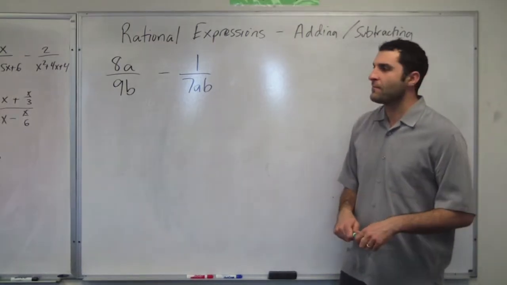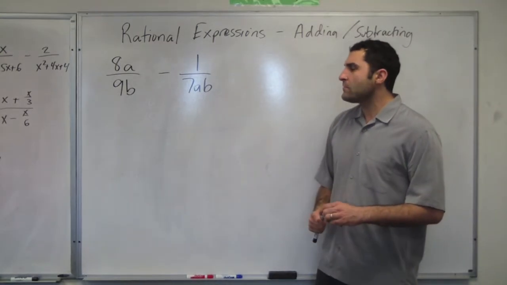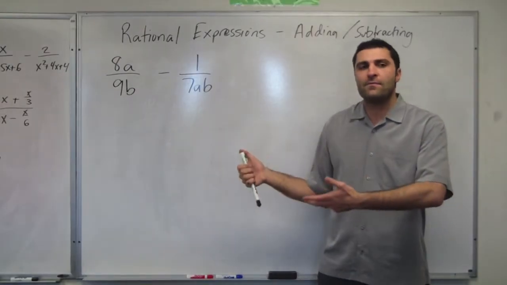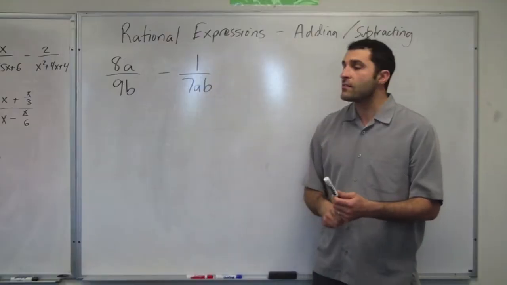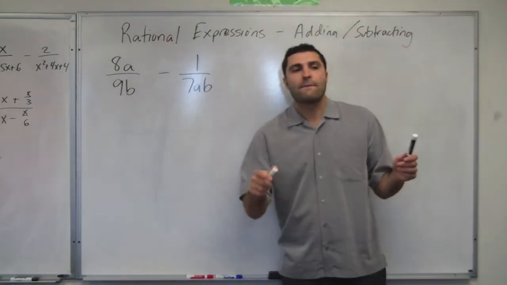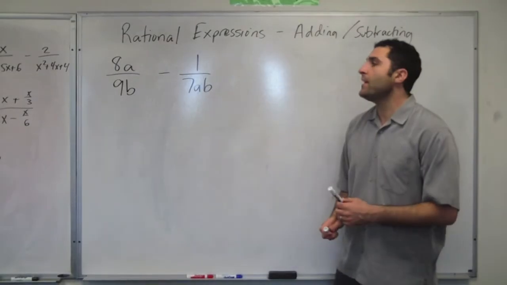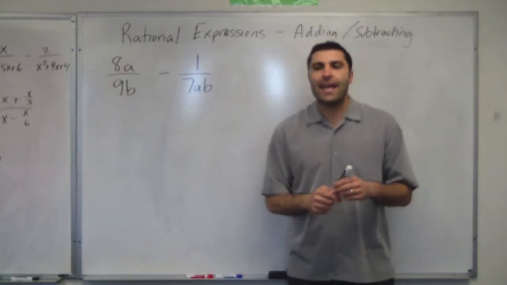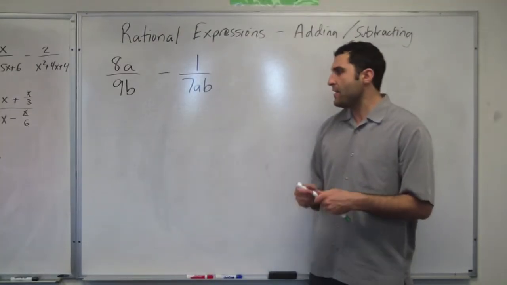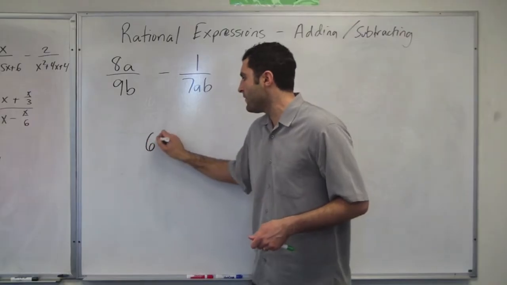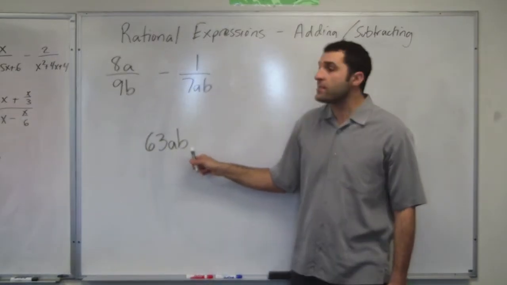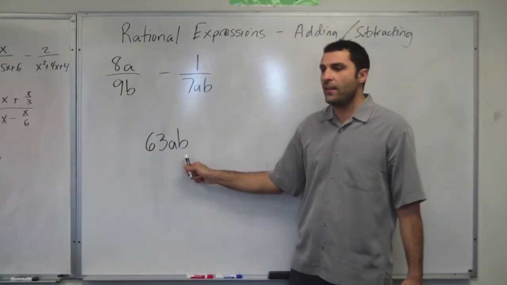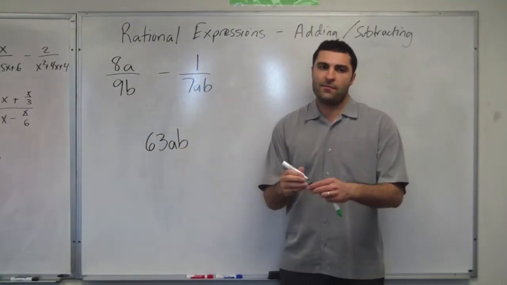So, here we go. We need the LCM or common denominator. What will it be in this case? 63AB. Because 63AB is the smallest thing that 9B can multiply to make, and 7A can multiply to make.